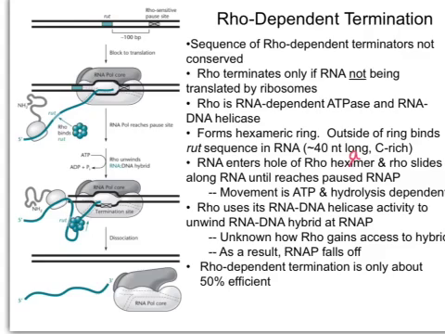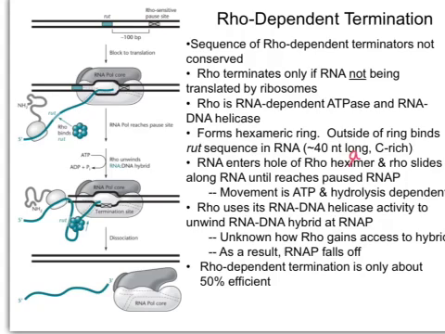Rho-dependent termination depends on both a sequence called RUT and a protein called Rho. So Rho binds to RUT sites, but it doesn't directly inhibit RNA polymerase. So about 100 base pairs downstream of a RUT site is what's called a Rho-sensitive pause site.